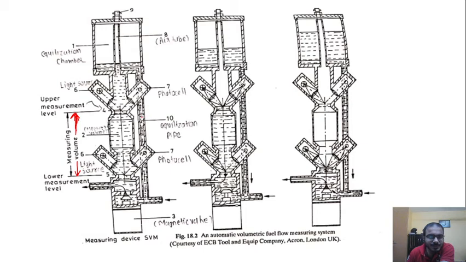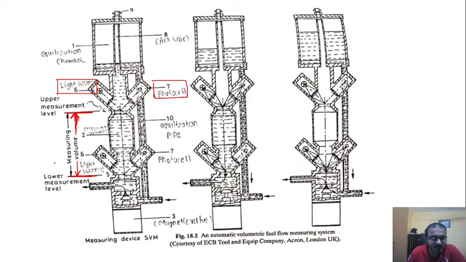And if you see, there is an upper measuring level over here. This is the upper measuring level and this is the lower measuring level. The upper measuring level has two inclined segments, as you can see, 6 and 7. The sixth one is a light source, and here there is a photocell.